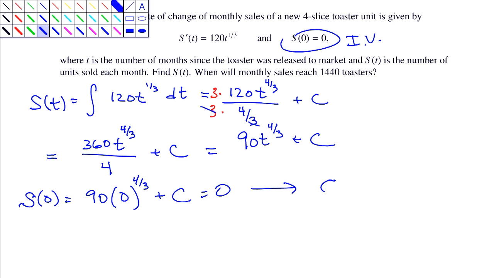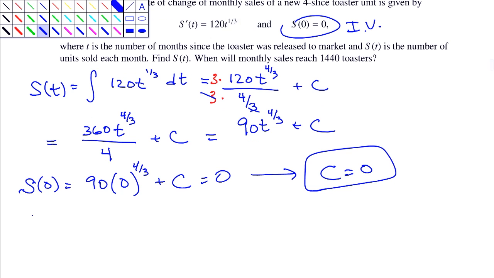C is 0. Now, I'm going to tell you, c is going to be 0 a lot of times. Never take it for granted that the c is 0, because you may have some other weird function like an e or a log or something, and then it won't be 0. So you always have to check it. But you're going to do enough of these where you think c is 0 all the time, and it's not. All right, so the function is s of t is 90 t to the 4/3.